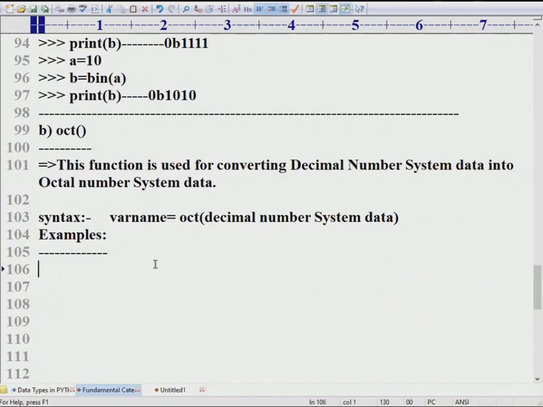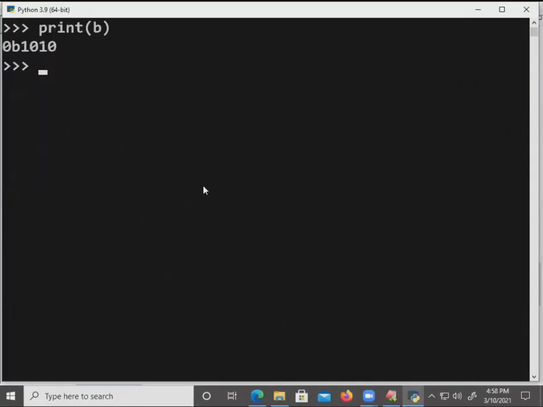Look at this. I will take A is equal to 19. B is equal to oct of A, and print of B. What is the result? 0o23. Check it out at this place.